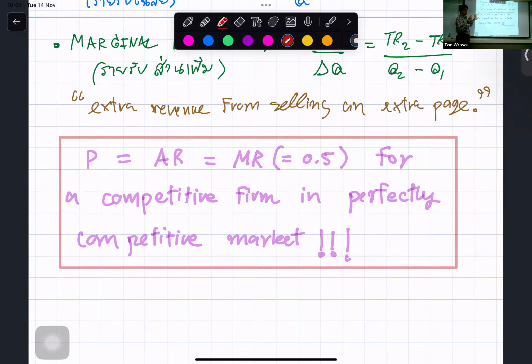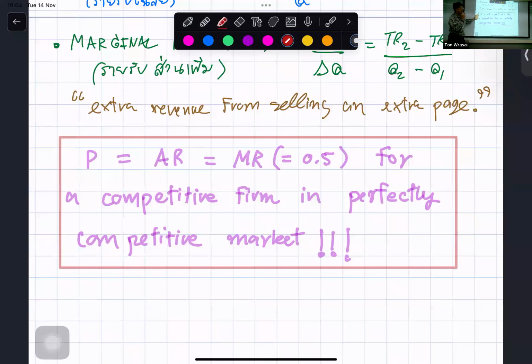this entrepreneur doesn't need a calculator. He always knows this. When he sells at the market price, no matter how many pages he sells, revenue per page is always 0.5. And when he sells an extra page, he doesn't need a calculator: extra revenue also equals 0.5.